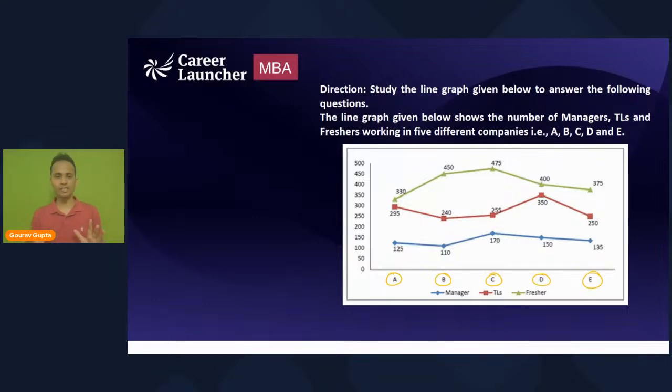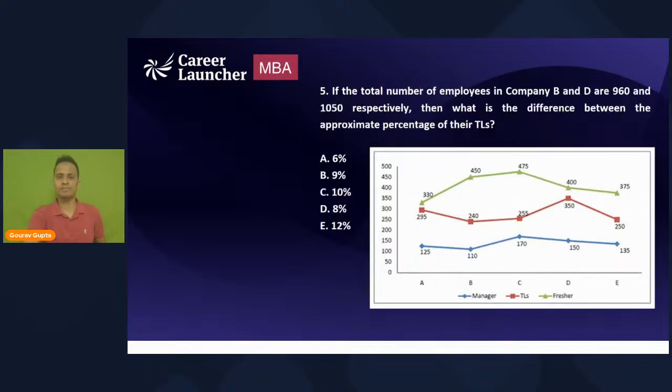The good thing here is they have given the value with each and every dot, the numbers as well. So you don't have to read these values from the y-axis. All the values are in front of you. So let's have a look at the first question based on it.